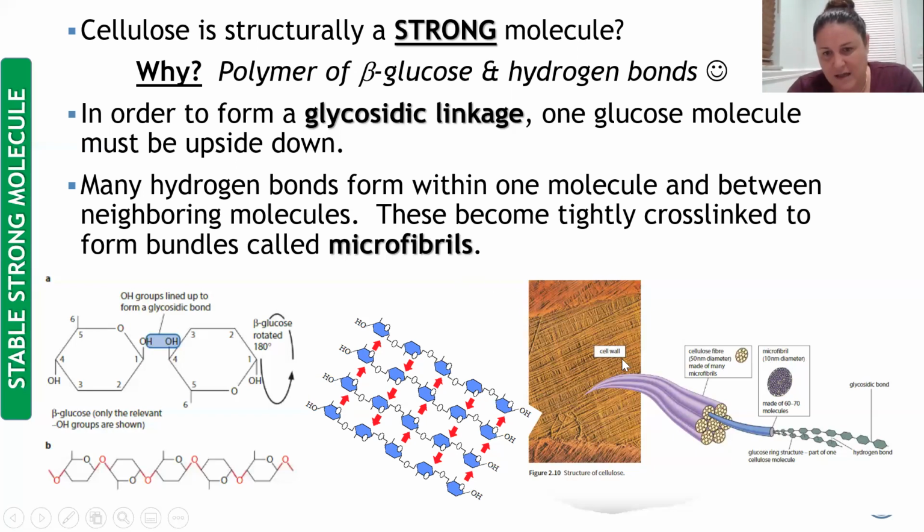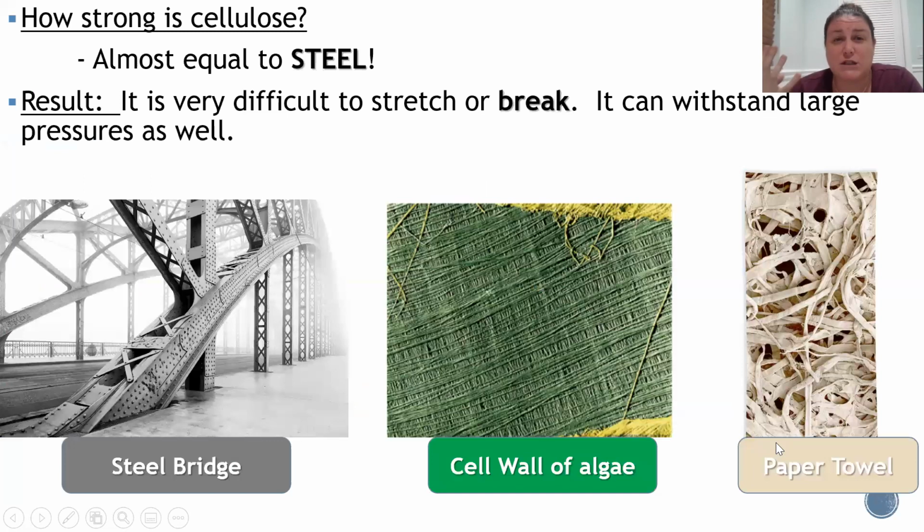Here is a microscopic image of cellulose of a cell wall. You can actually see these strands of this really strong cellulose molecule, or what we call cellulose fiber. These fibers are made out of these microfibrils, which are these cellulose polysaccharides, all tightly cross-linked together. And that's really what gives it its strength.